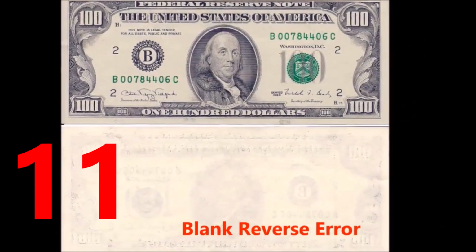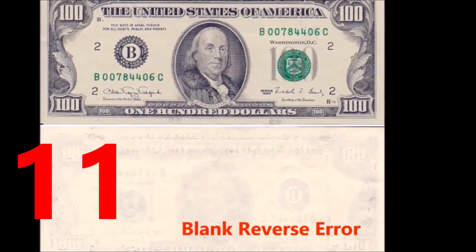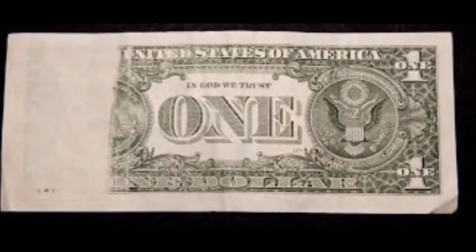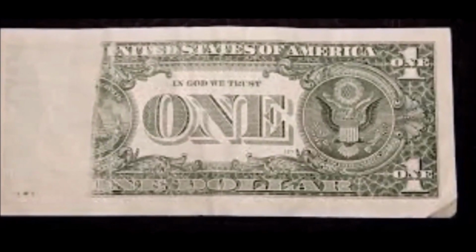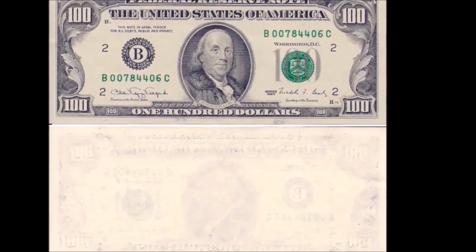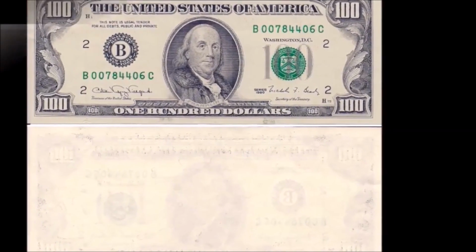The next error on our list is a blank reverse or blank back error. This error can occur on any denomination of US banknote and has also been seen on other notes around the world. For example, this $100 banknote features a blank back.